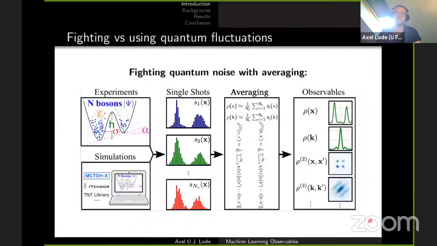The result of the averaging is then the observable, which is displayed here. And it actually means that with averaging you fight quantum noise, or quantum fluctuations, in your images, as opposed to what we want to do.